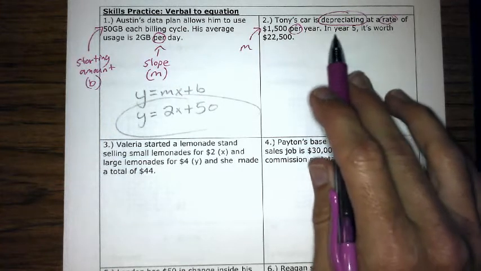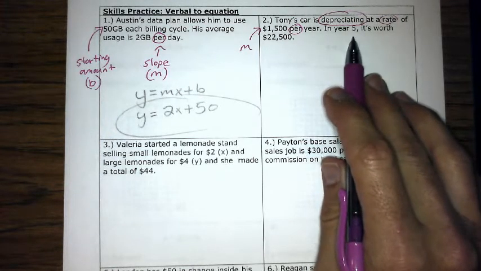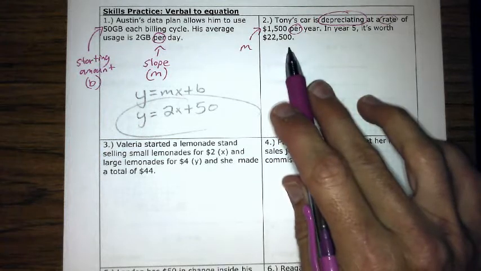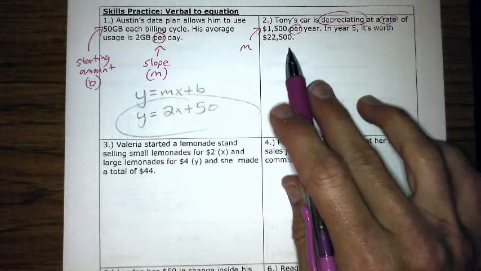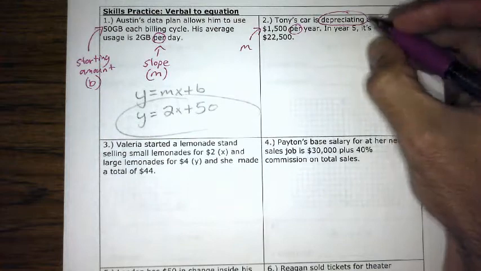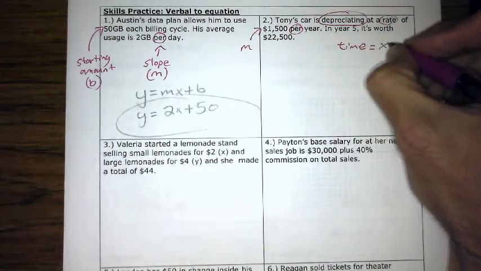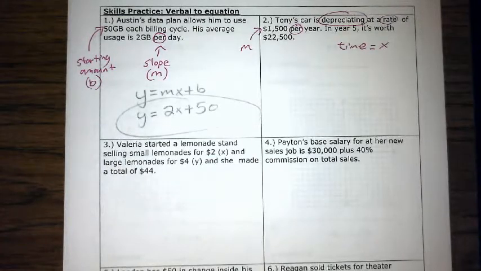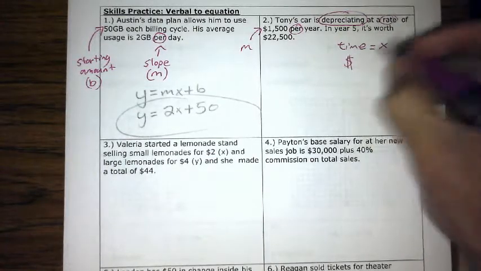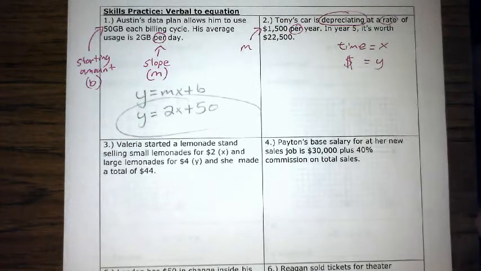Okay? It says in 5 years it is worth $22,500. Remember, time is always your independent variable, which means money is going to depend on time.